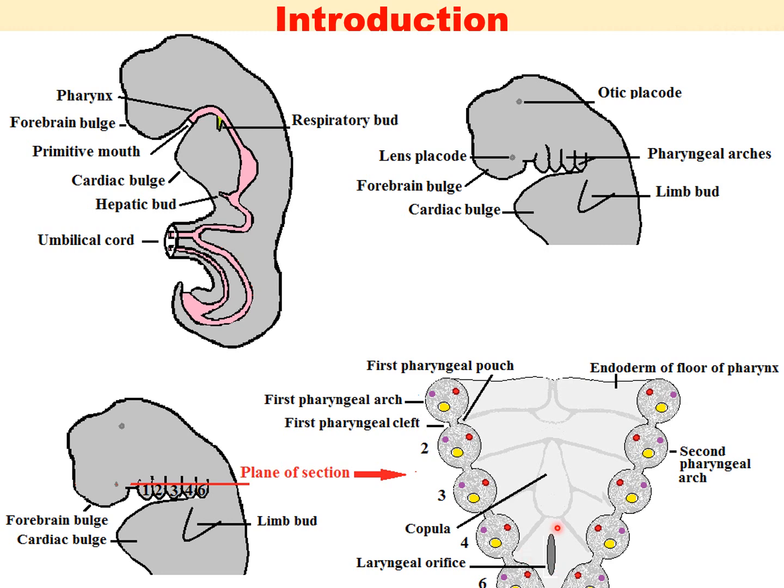The mesoderm of each arch condenses to form a core of cartilage. Then the mesoderm of each arch is differentiated into skeletal element, yellow color, muscular element here, clarified by the red color, and vascular element, artery and vein.